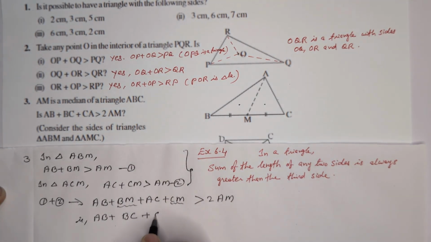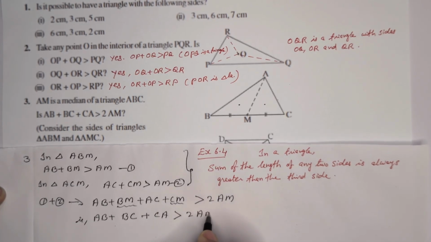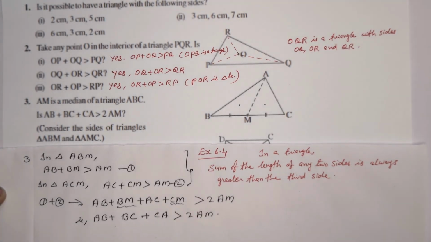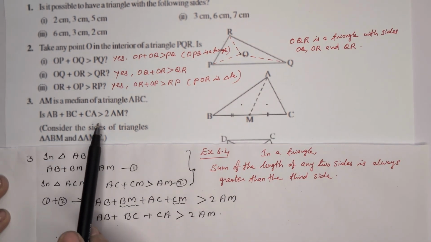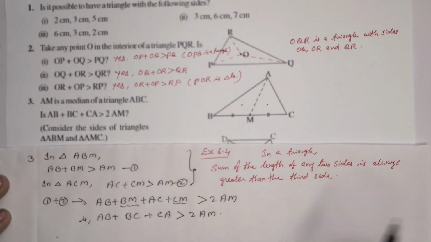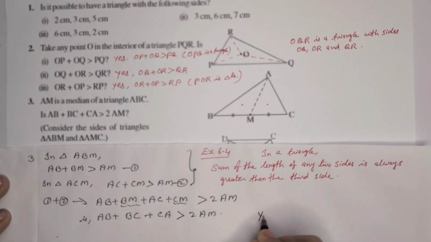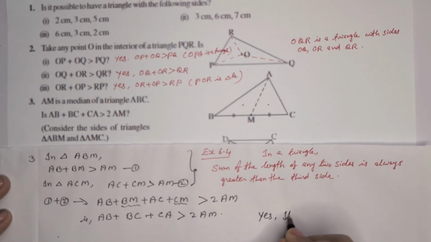So AB plus BC plus CA is greater than 2 times AM. The question asks whether AB plus BC plus CA is greater than 2AM, so we can write the conclusion: yes, it is true.